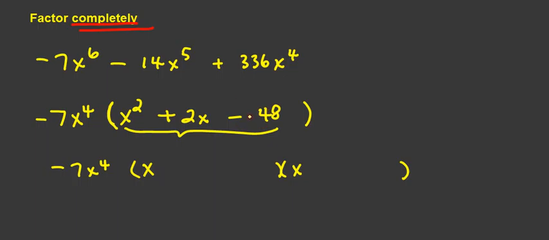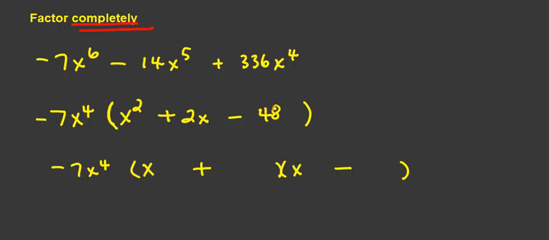Then we go to the last term. Notice it's a negative 48. Well, we know for sure that this has got to be plus and this has got to be minus, because this number times this number has to be a negative 48. The only way to multiply two numbers together and end up with a negative is for the signs to be different. So we know one's plus and one's minus.